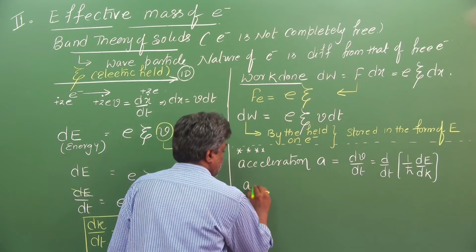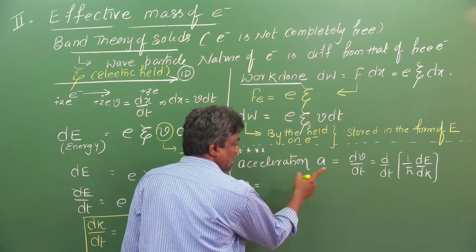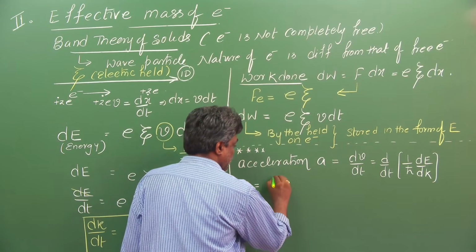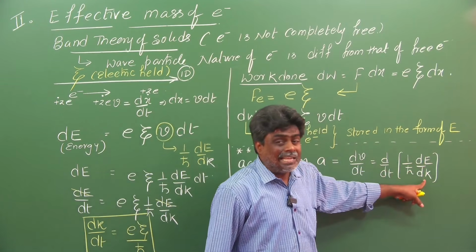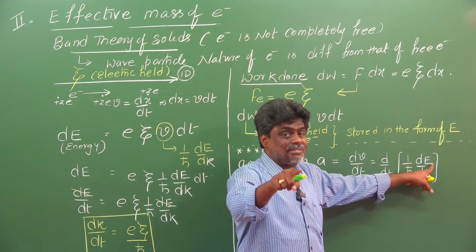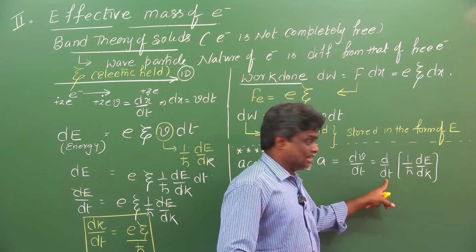Now acceleration equal to 1 by h cross outside, and this is dE by dk. Your energy is varying with respect to k, not with respect to t.